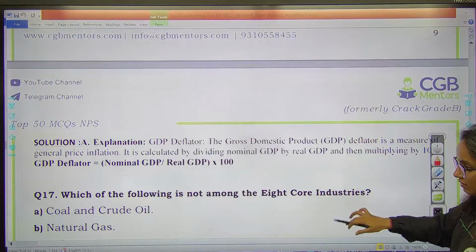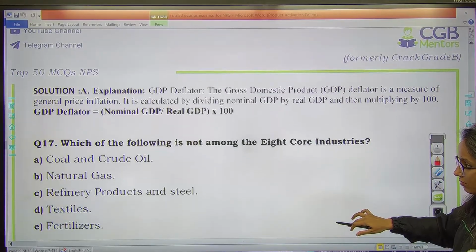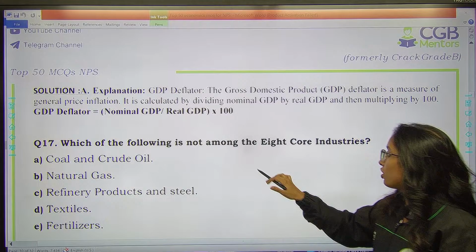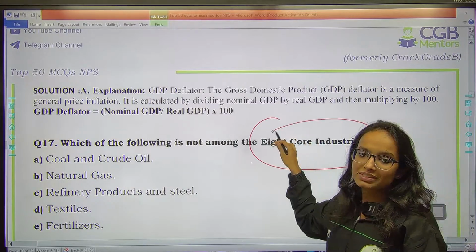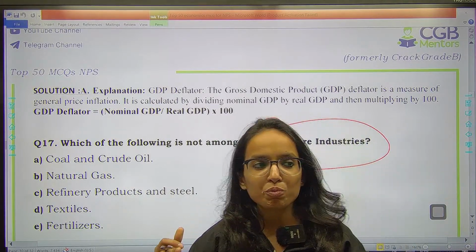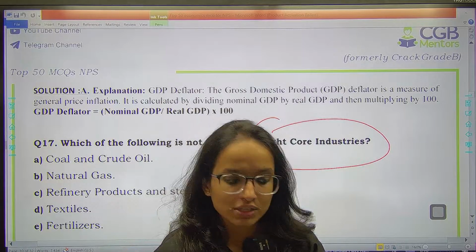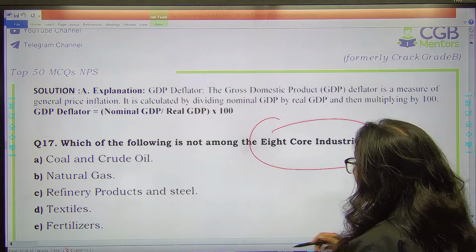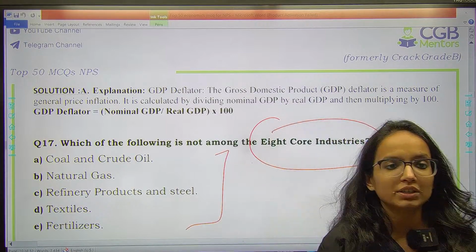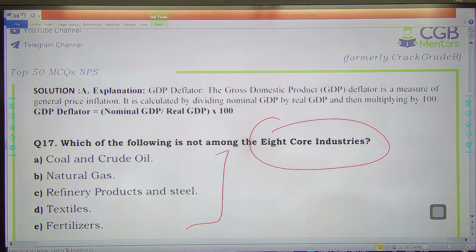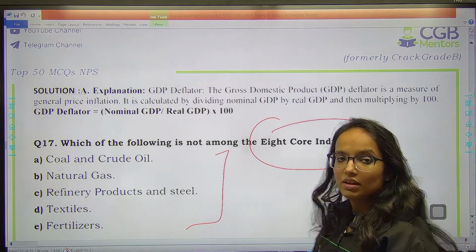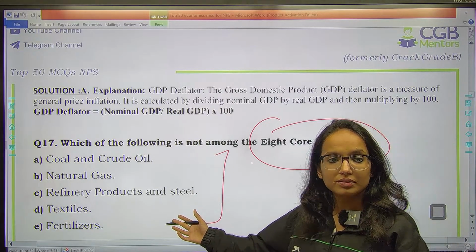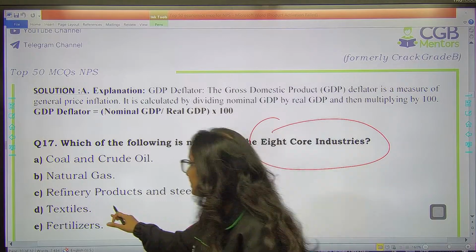Question number 17. Which of the following is not among the 8 core industries? 8 core industries, CPI, WPI, IIP, these are very core concepts, right? So 8 core industries should be at your tongue. The correct answer would be option D, textiles.